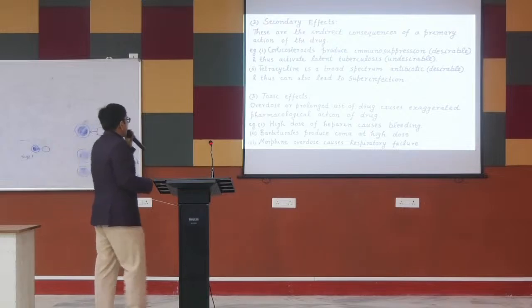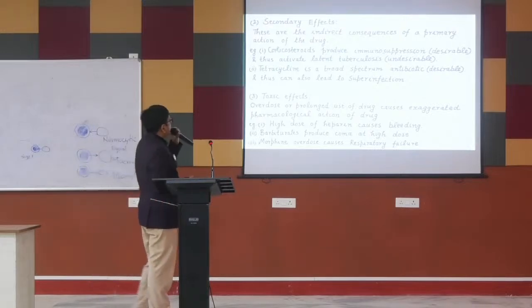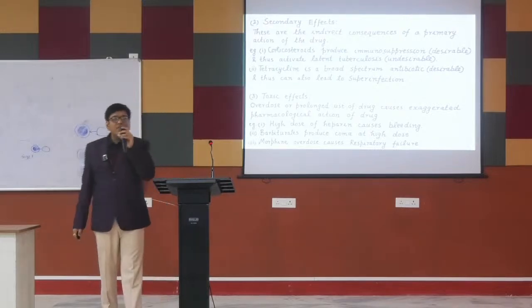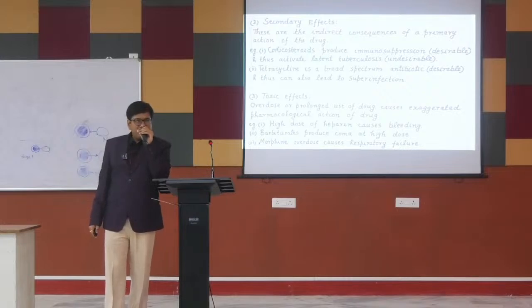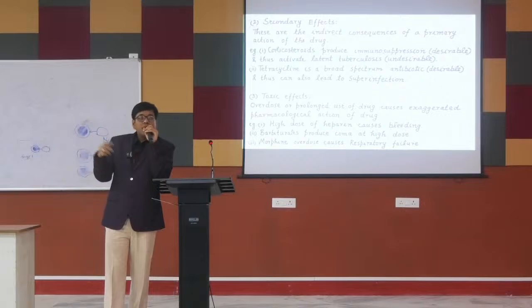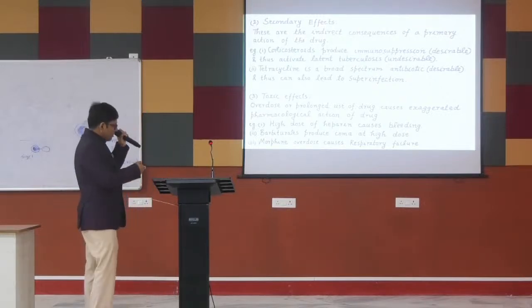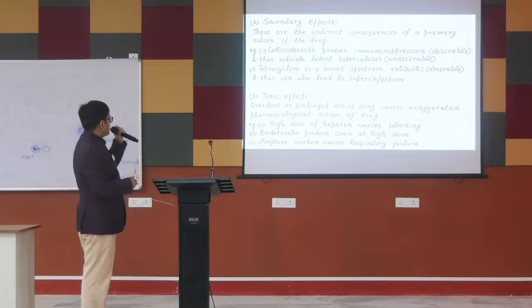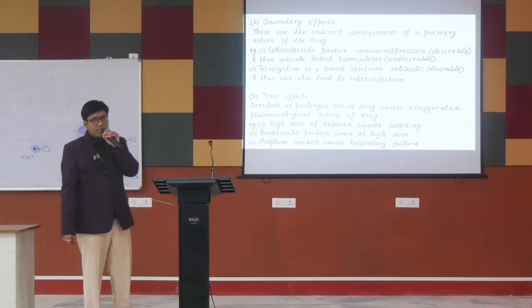But there is another thing called secondary effect. Secondary effect means the drug itself is not directly causing any side effect. But due to that drug, another disease process starts happening actively in the body. Like, suppose you are giving steroid to a patient. Steroids are a group of drugs that cause immunosuppression. They reduce immunity in a patient.